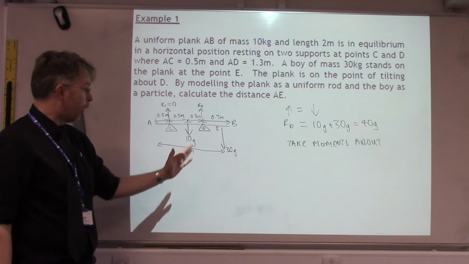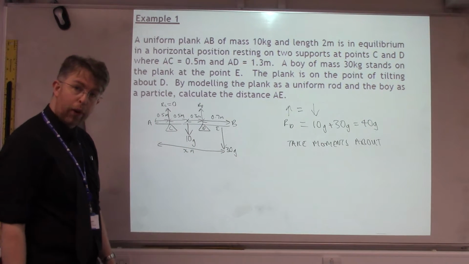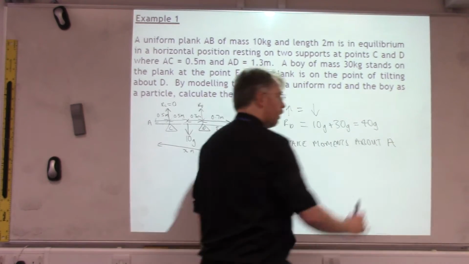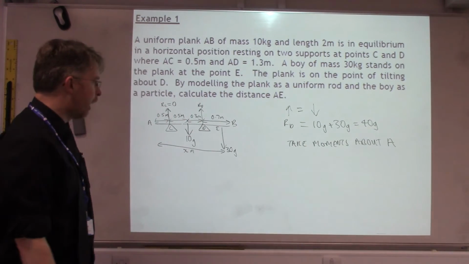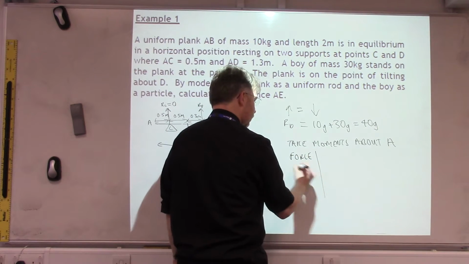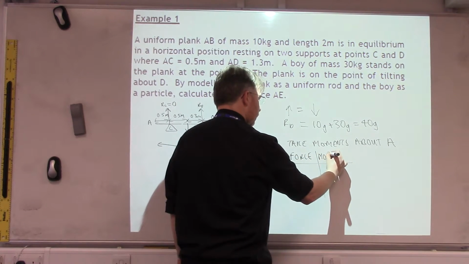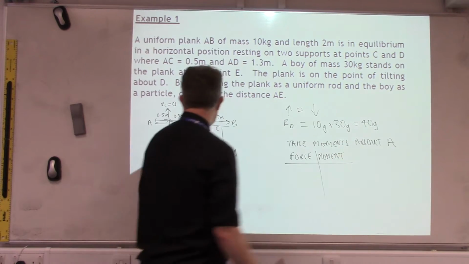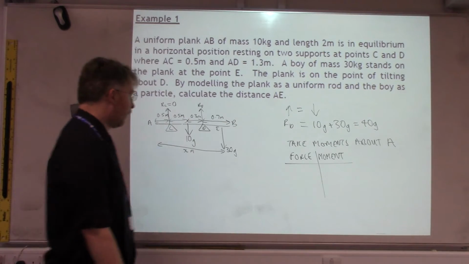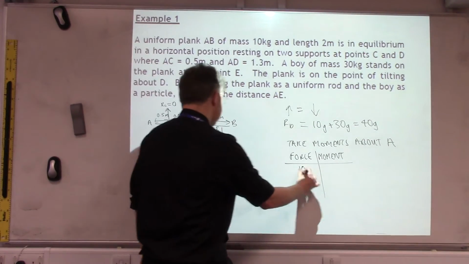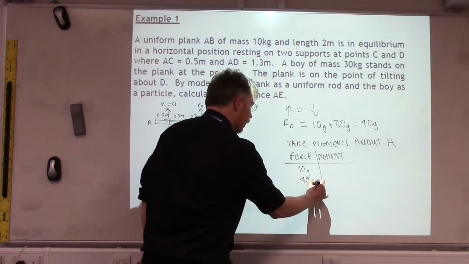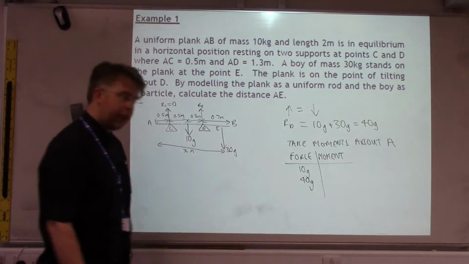Any other point will make it very difficult to work out what the distance is in terms of x. So to make it easier for us, we'll take our moments about A. Draw our force moment table. So what forces have we got? RC we can ignore because it's 0, there's no force there. We've got a 10G force, the RD which is 40G, and the boy which is 30G.